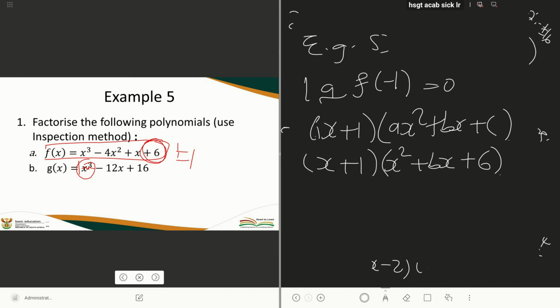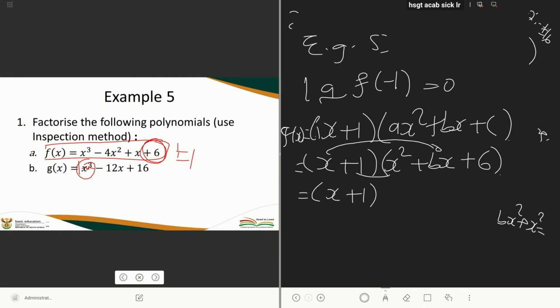Remember, f at x is equal to. Now, the factors will be, how do I determine this coefficient of b now? I need to consider the values or the products that will give you a term with an x squared. The first one is going to be x multiplied by this. When you multiply x together with that, it's going to be bx squared. Then 1 multiplied by x squared is plus x squared.